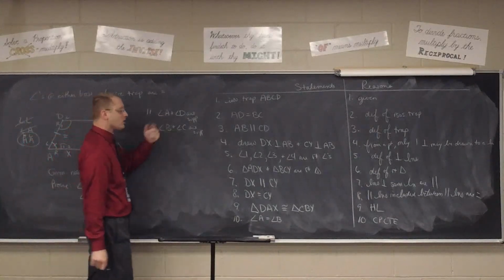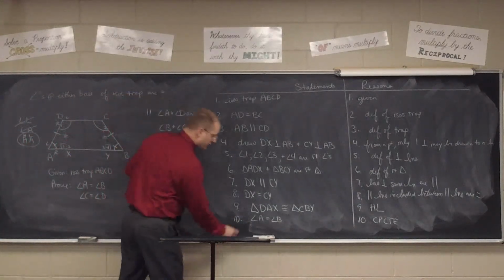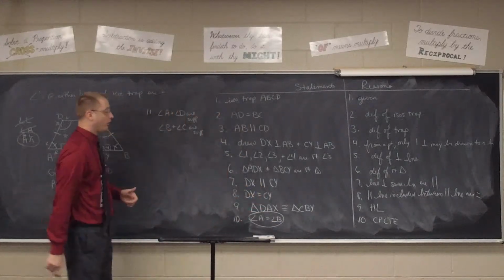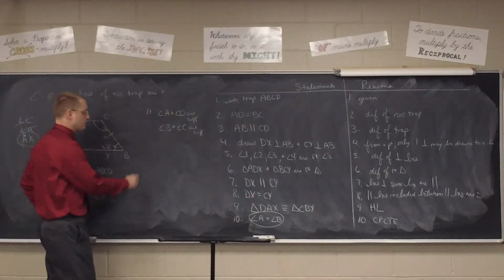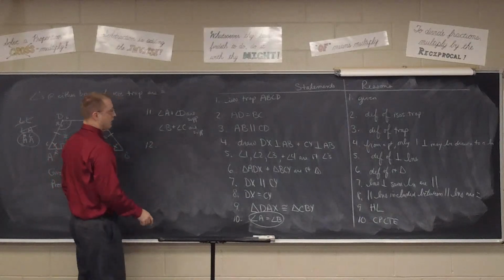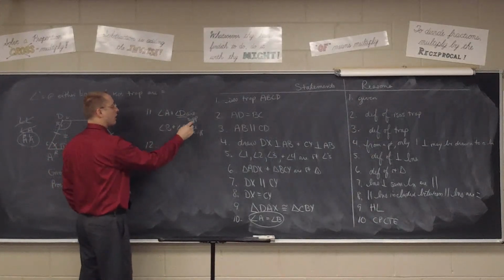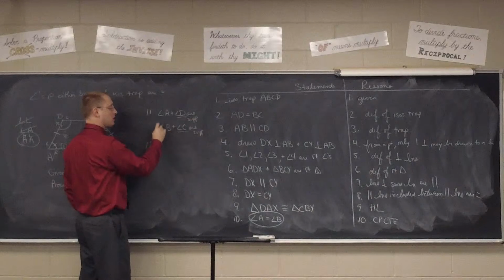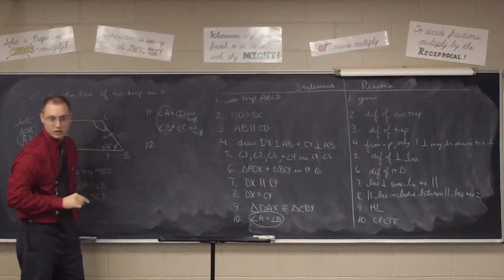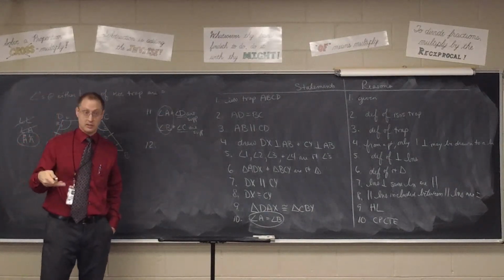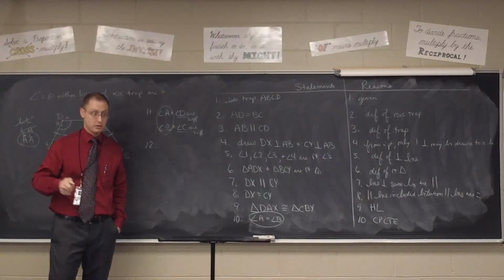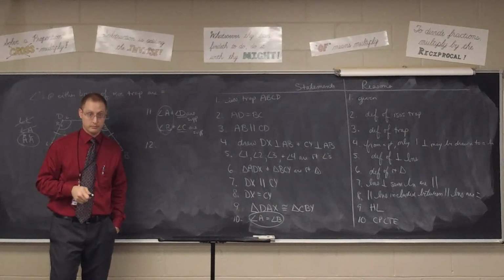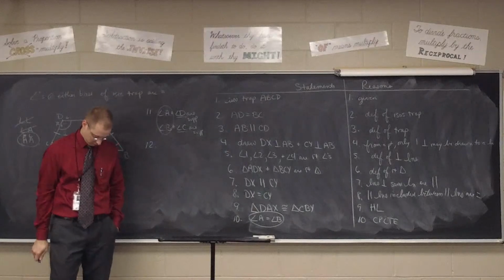And so if A and D are supplementary and B and C are supplementary, but A and B are equal, not a substitution, these two are supplementary to equal angles. They are supplements of equal angles. So they're supplementary to each other. No, that can't be.